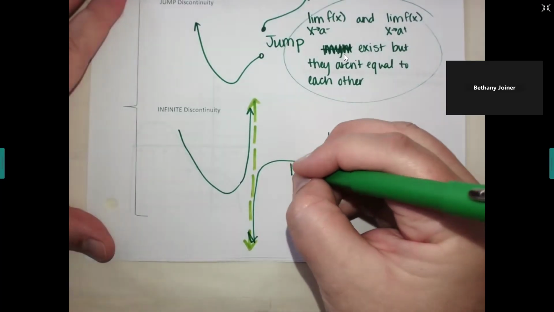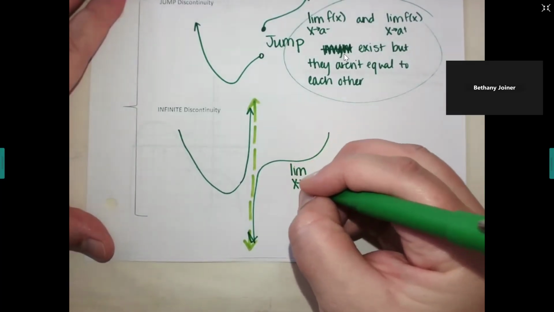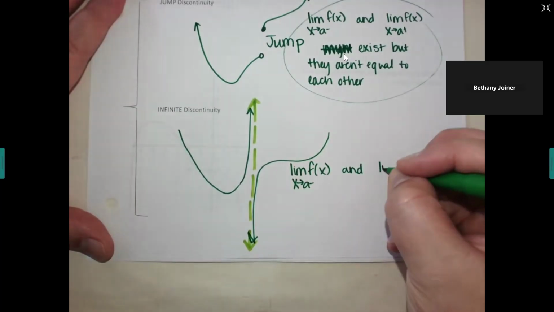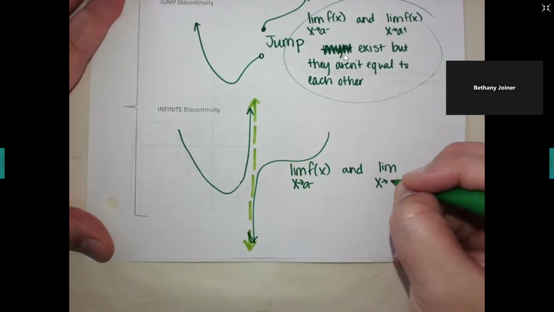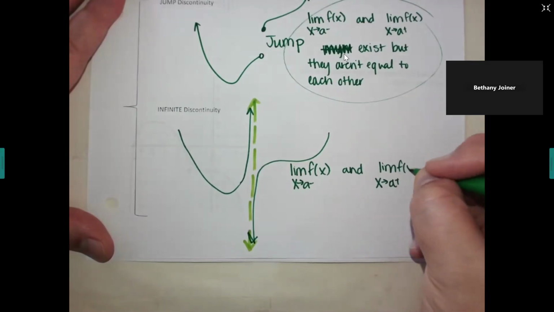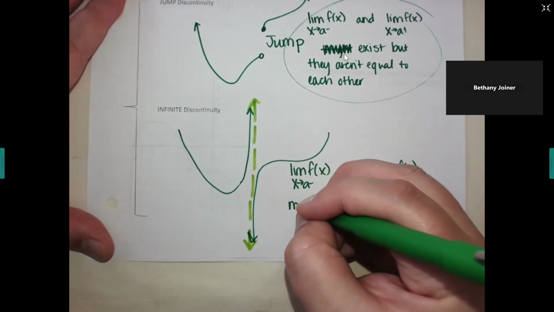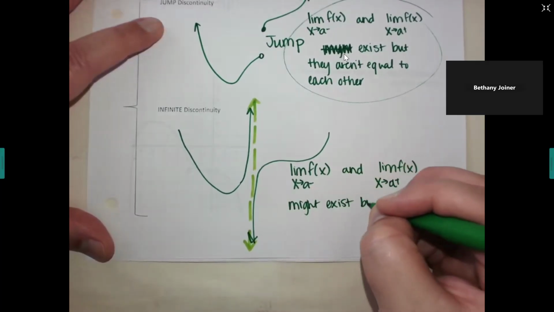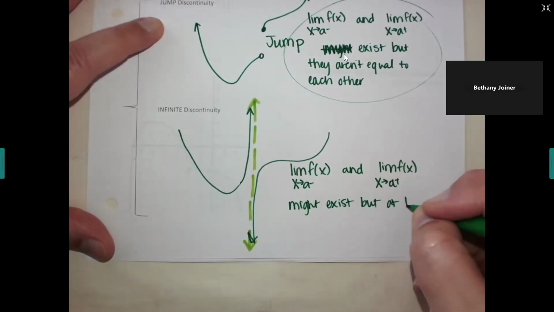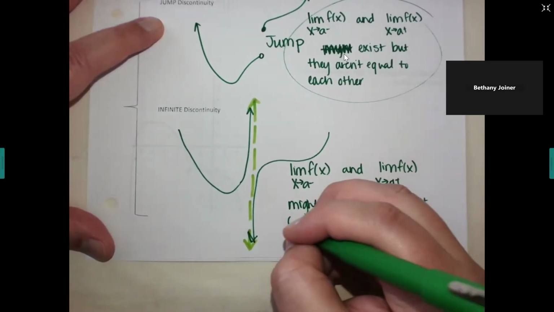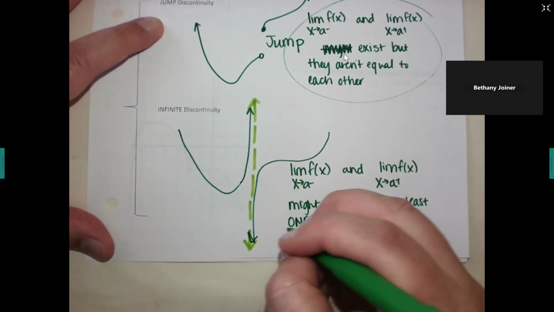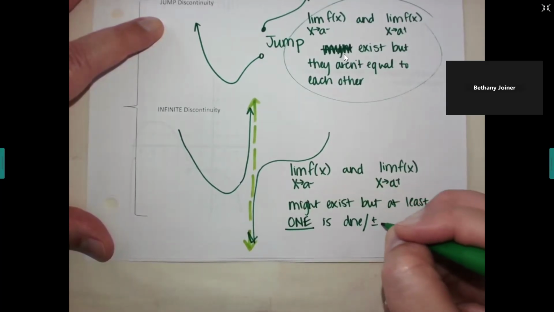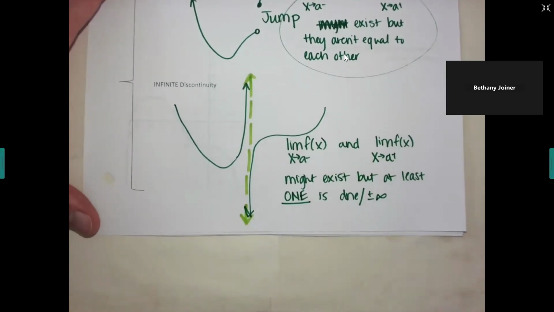And then for this type, your left limit and your right limit might exist, but at least one of them is DNE, or plus or minus infinity.